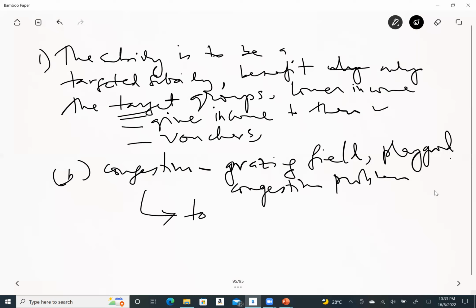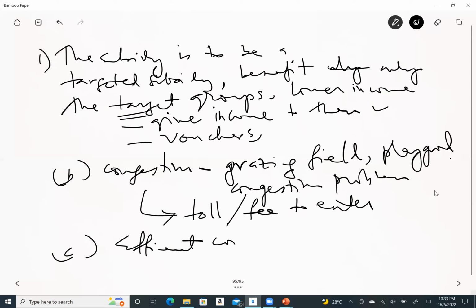You charge toll. Okay, so most people answer this toll, or you charge an entrance fee to enter. So if you charge toll, some people don't want it. So you reduce the problem. Okay. All right. So that is part B. Now for part C, the least Cannon model, the efficient condition is what? MB equal MC.